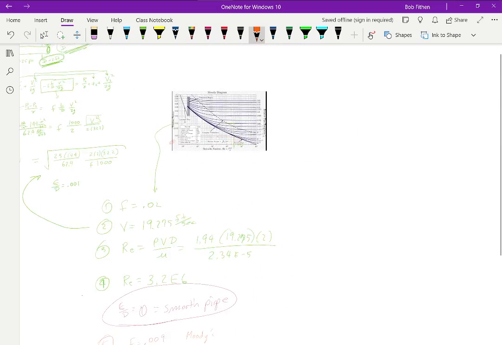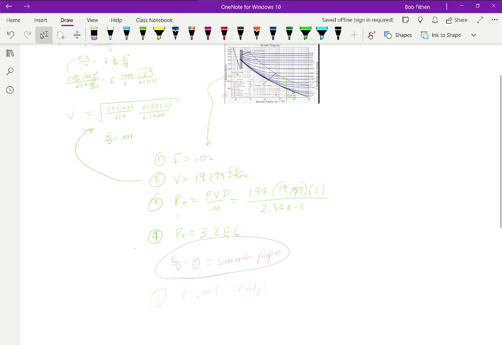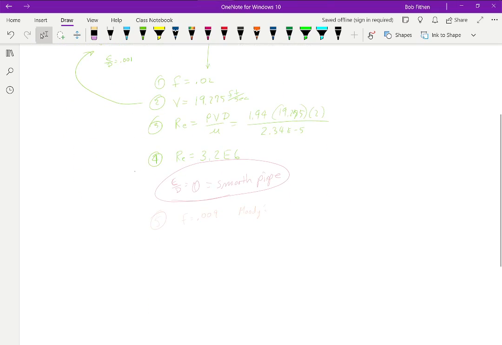Okay, what we'll do, I'll go back and say F is equal to 0.009. Go back into my velocity. I get 28. Now, let me just carry it as 28.